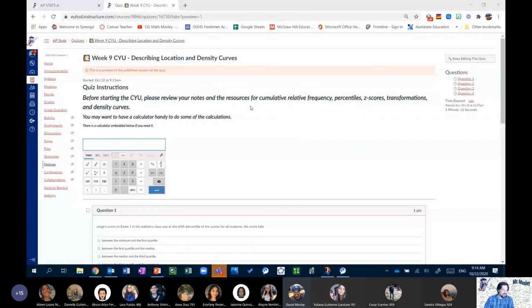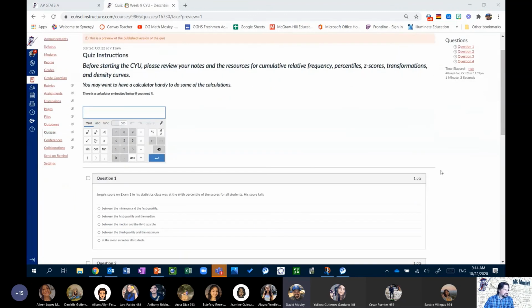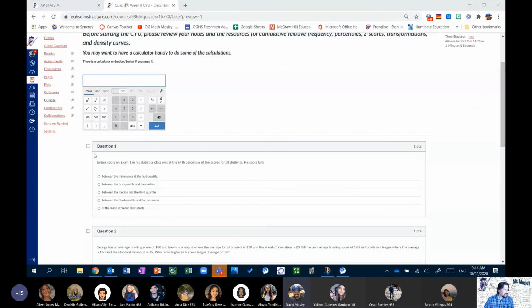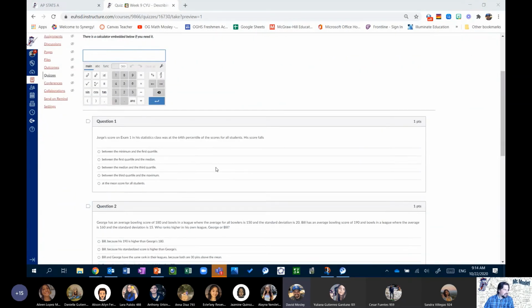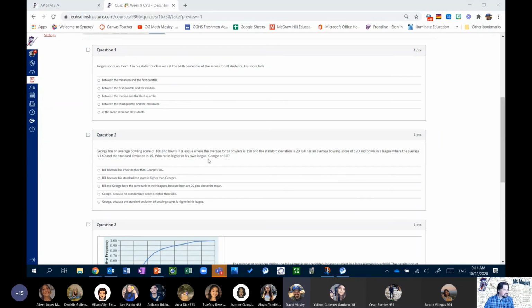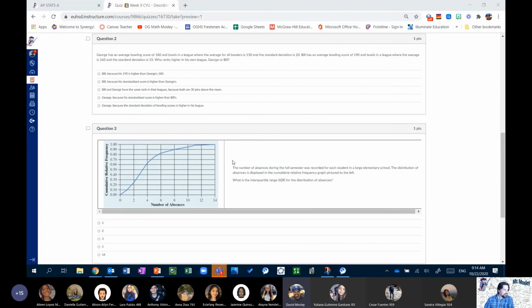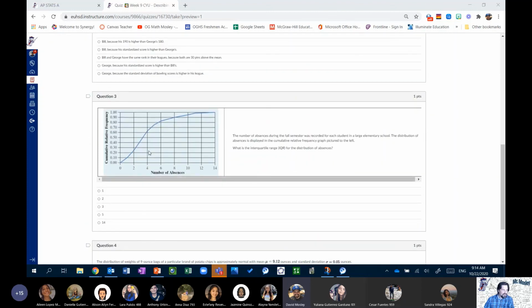All right. So we have our week 9 CYU here. I did embed a small calculator into the directions so that if you need a calculator, it's right there. We have the question about percentile, a question about z-scores, essentially. We have our cumulative or relative frequency, which is something we covered, I believe it was last week.